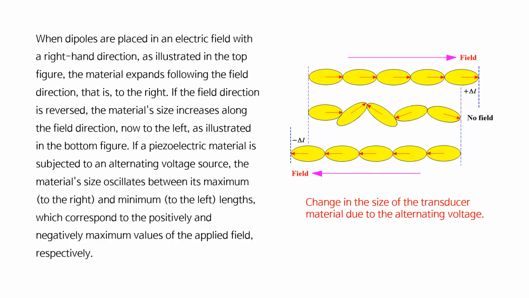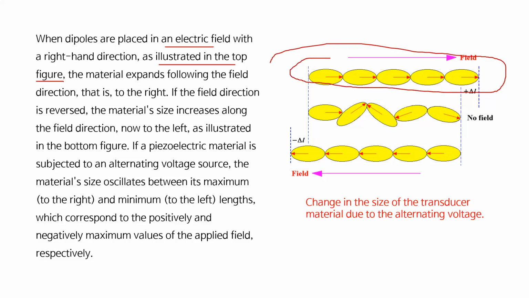When dipoles are placed in an electric field with the right-hand direction as illustrated in the top view, we applied electric field along this direction. Then the material expands following the field direction, that is to the right, because electric dipoles are aligned to the field.